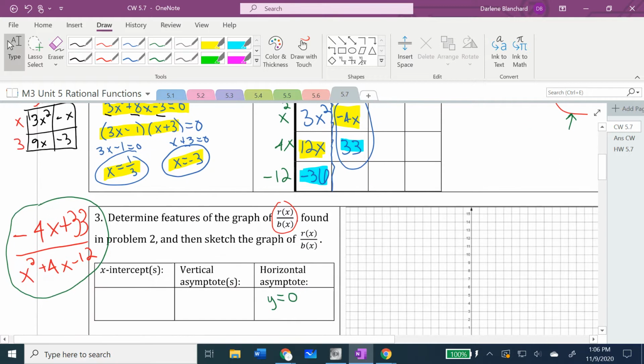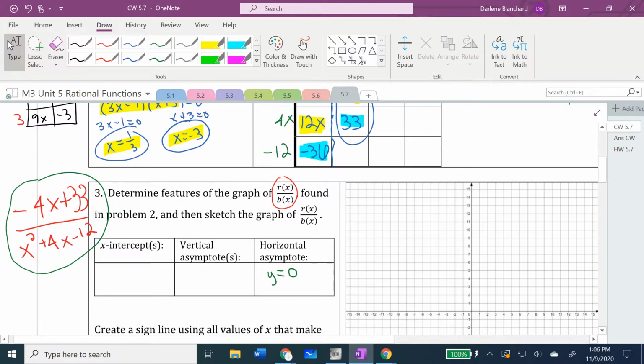Anyway, so we've got horizontal asymptote of y equals 0. Now, the x-intercepts are found by looking at what makes this numerator equal to 0. It's not the prettiest thing, but we're at least getting some information. So what causes negative 4x plus 33 to equal 0? What lovely number? It's okay if you just write it as a decimal.